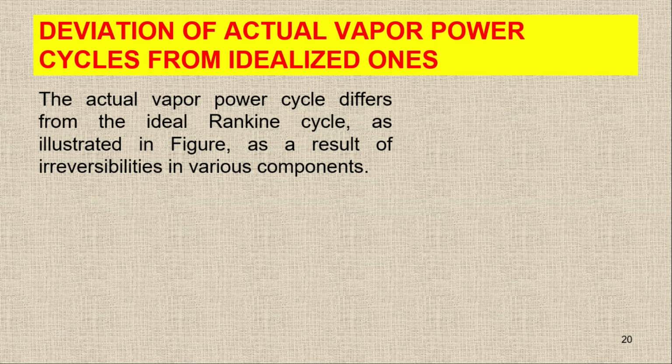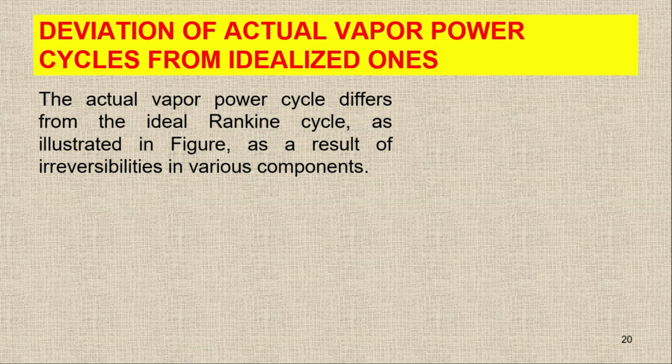Process 1 to 2 was the isentropic compression, or the isentropic work pump input. Then 2 to 3 was the constant pressure heat addition inside the boiler. 3 to 4 was the isentropic expansion in the turbine, where we were getting some work output, and then 4 to 1 was the constant pressure heat rejection in the condenser.